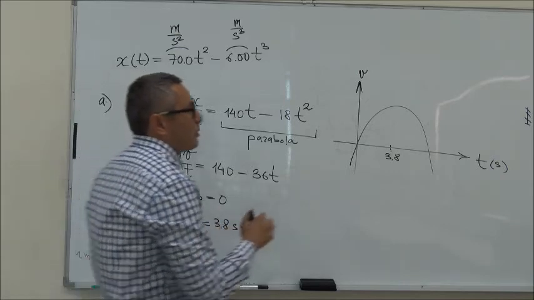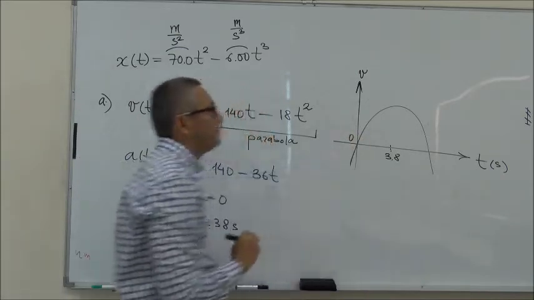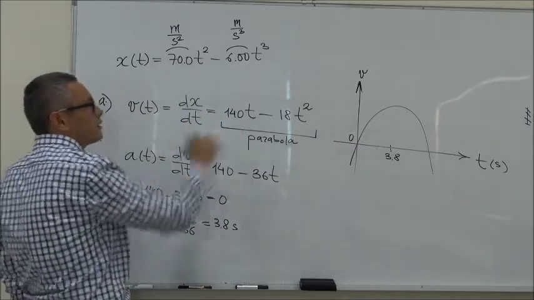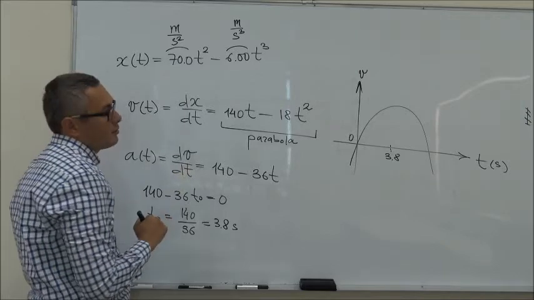Now, how do I know that one of the branches of the parabola passes through the origin? Well, at time t equals 0, velocity is equal to 0. So it has to go through the origin.